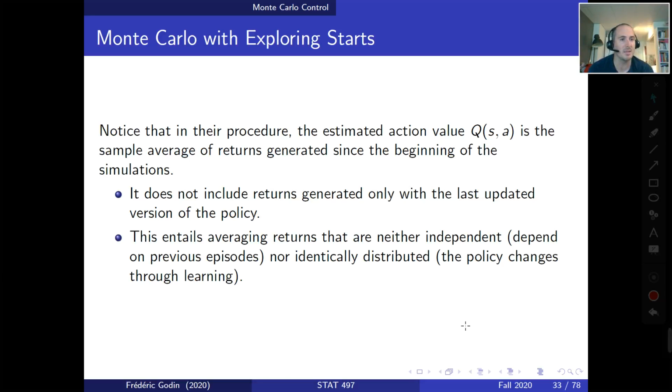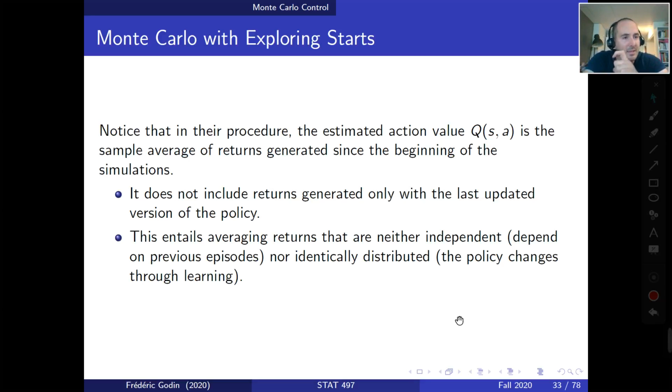The optimal policy estimate after one episode is different from the one after two episodes, different from the one after three episodes, etc. All this because of the policy improvement step included after each episode that is generated.